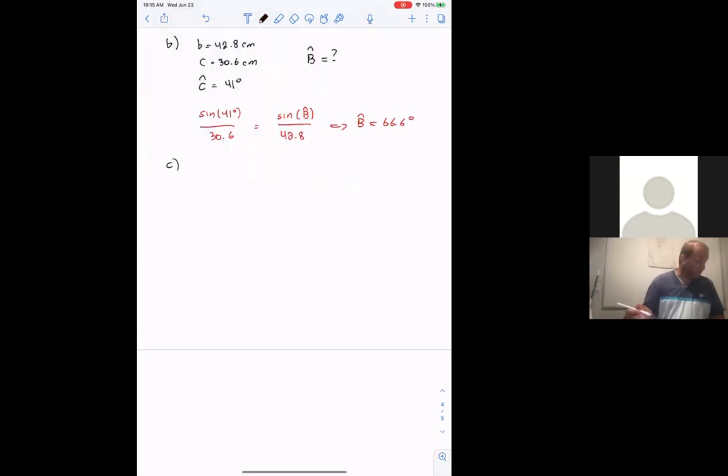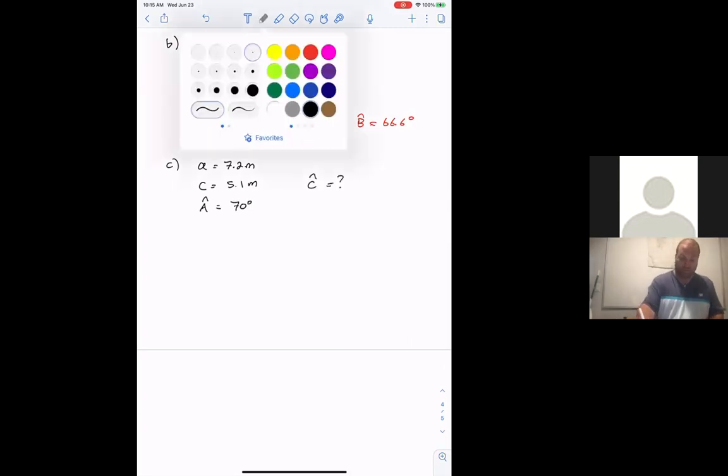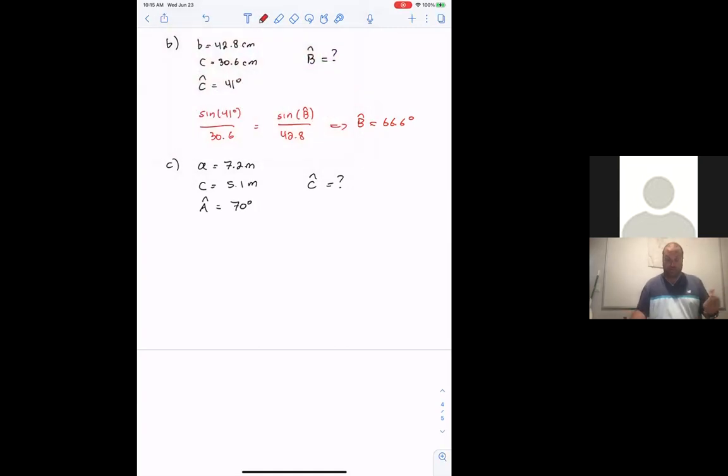And part C, A is equal to 7.2 meters, C is equal to 5.1 meters, A hat is equal to 70 degrees. And the question is, what is C hat? Again, A, A hat, C, C hat, we have an angle side pair. So we can use the law of sines. We're looking for an angle.